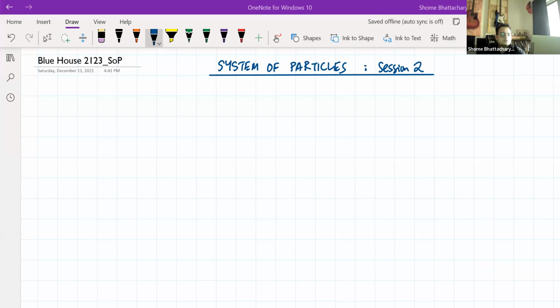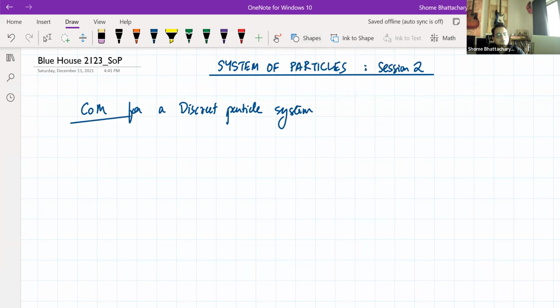Discussed about the definition and formula for position of center of mass of a system of particles. So for a discrete particle system, we had seen that the vector notation for position of center of mass was given by the relation that the position vector of the center of mass, we can write it as RCM, is the weighted mean.